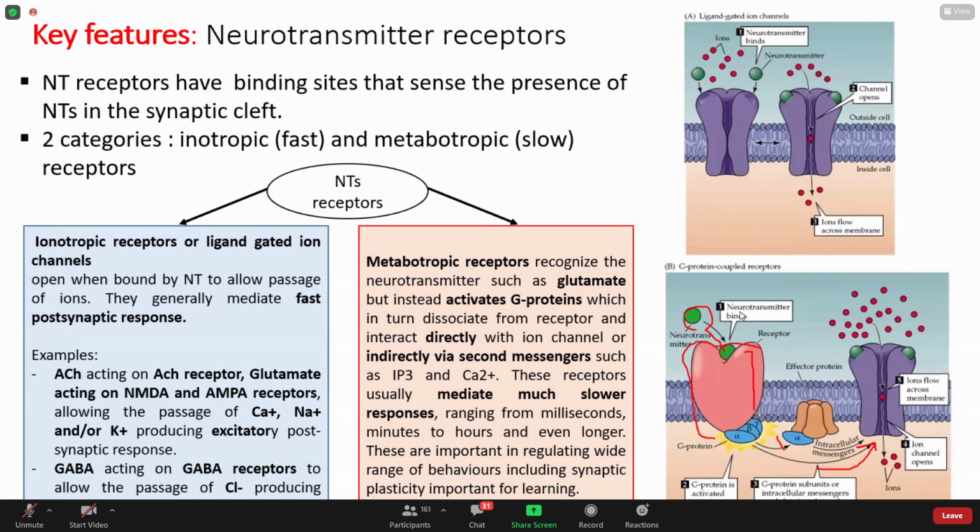The difference between metabotropic and ionotropic receptors is that the metabotropic receptors usually mediate much slower and longer lasting action, okay? Whereas binding of neurotransmitters to the ionotropic receptors mediates a fast postsynaptic response, okay?